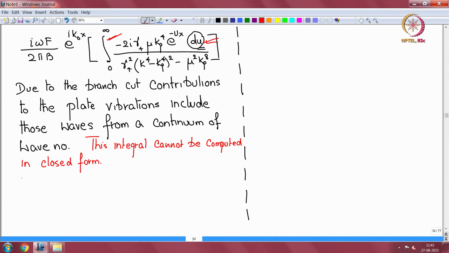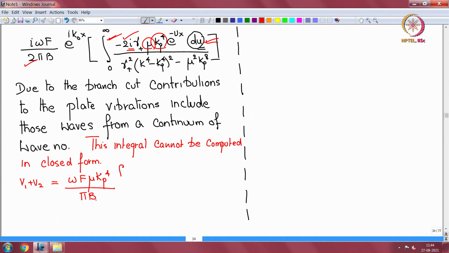So the contribution V1 plus V2 is given by, if I take the minus i, I get a plus. So I get omega f, then mu Kp fourth, a constant, divided by pi b, since this 2 cancels with this 2.